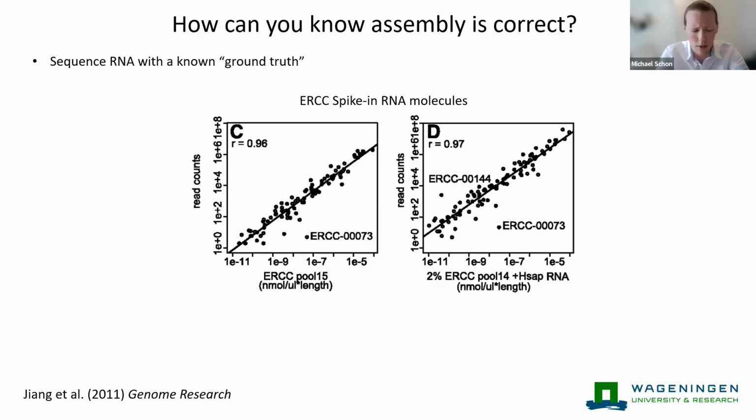This in itself was extremely useful to know, whether or not the RNA molecules we counted were proportional, whether or not we could say anything about the relative quantity of RNA molecules from a sequencing experiment.